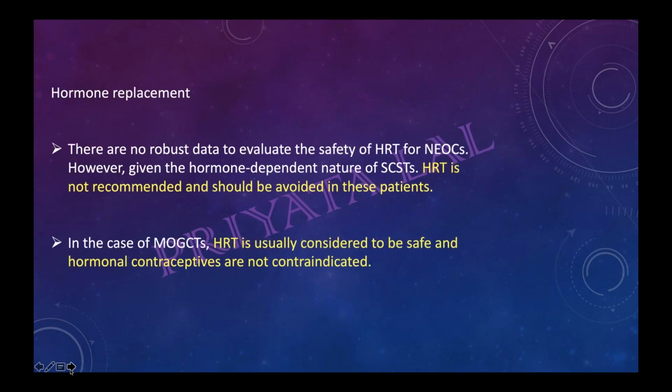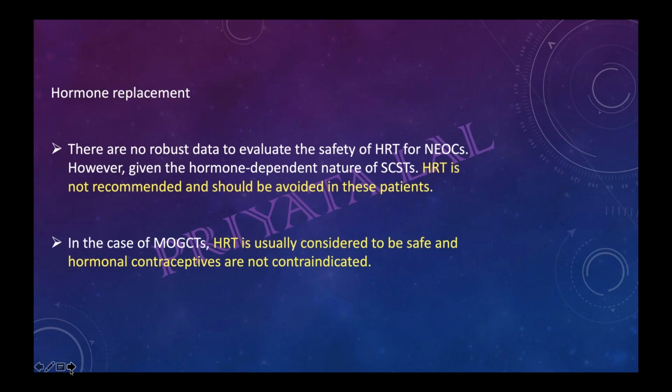Now what the talk says about HRT. In hormone dependent tumors, HRT should usually be avoided and not given. But in case of germ cell tumor, HRT is considered safe, or hormonal contraceptives are not contraindicated.